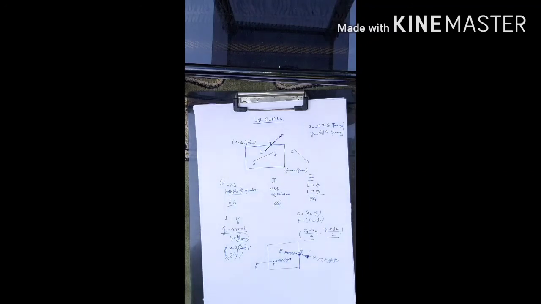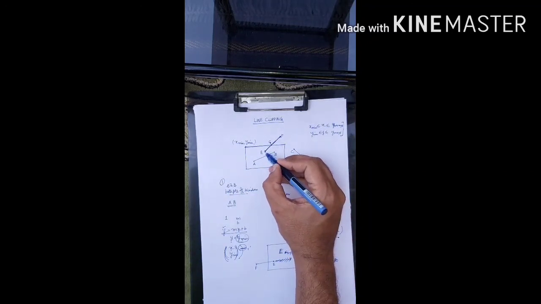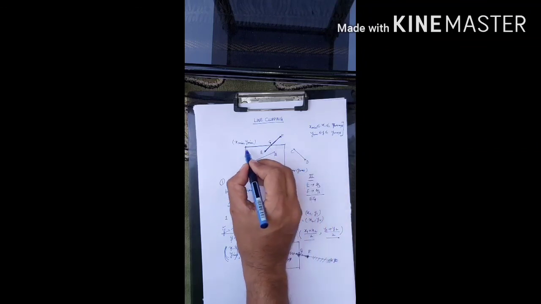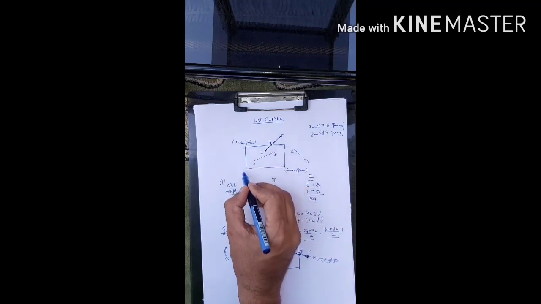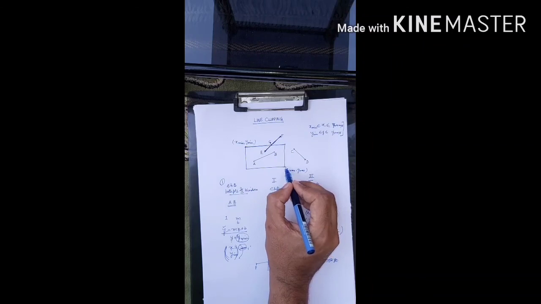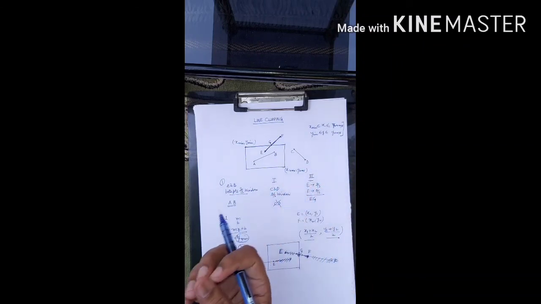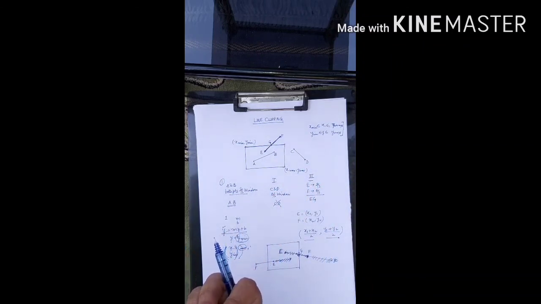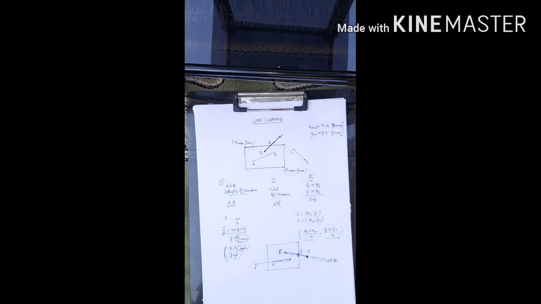So to complete the algorithm, you will work out this line for all the 4 boundaries of the clipping window and find the points of intersection. Whichever the point of intersection is, you clip the line accordingly. Hope you understand it.